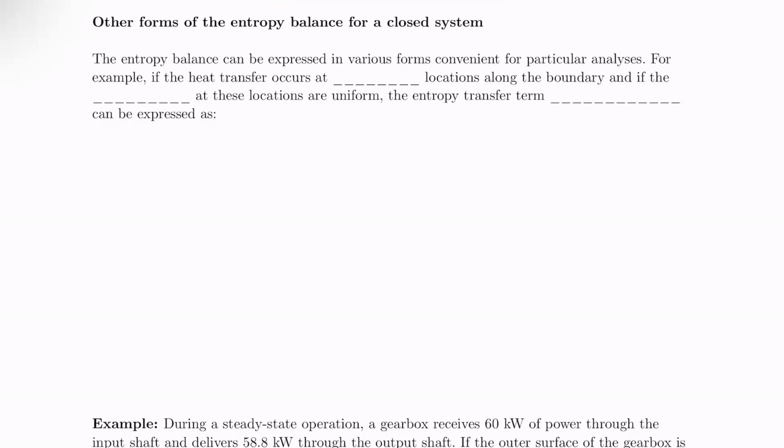So for example, if heat transfer occurs at multiple locations along the boundary, and if the temperatures at these locations are uniform, then the entropy transfer term due to heat transfer can be expressed as the following.